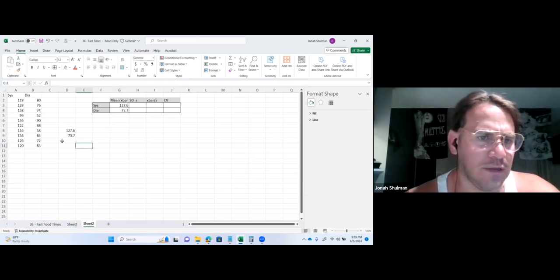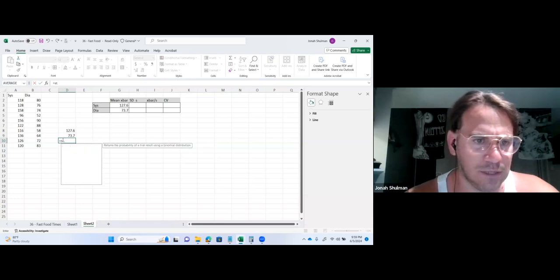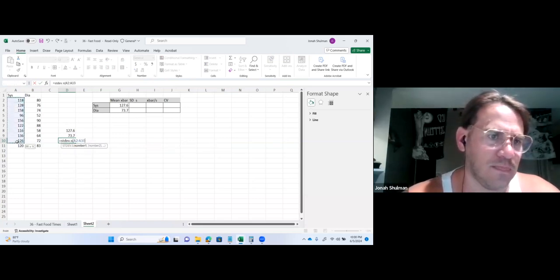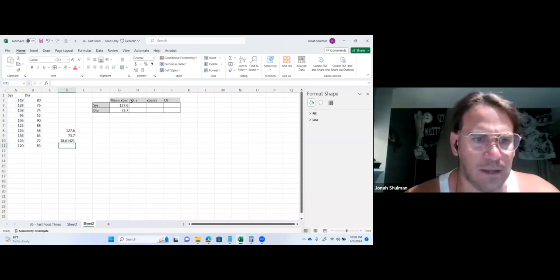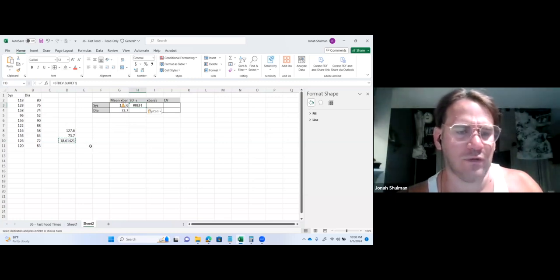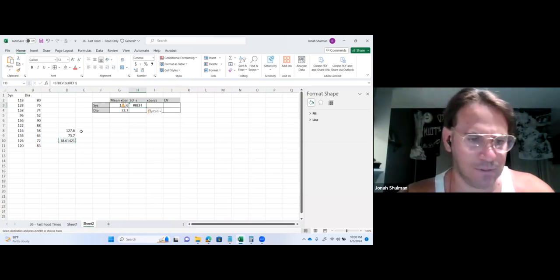Cool. All right, now I'm going to do the first one, which is equals STDEV.S. 18.61. I'm going to take the whole thing. Oh, I have to write it again. It happens.